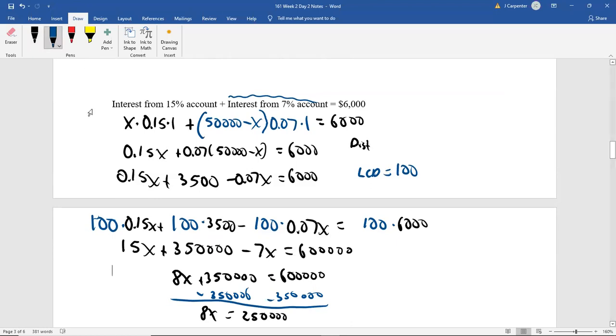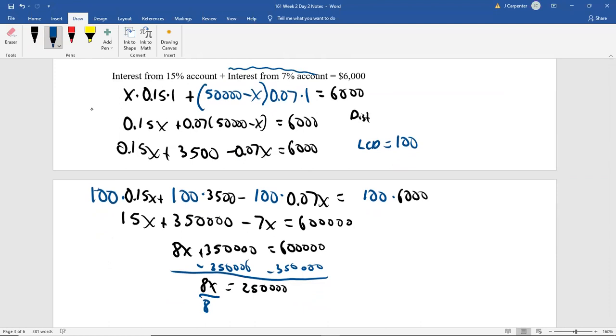Divide both sides by 8. If you need to show the long division, you can. Eight can't go into 2, but it can go into 25 3 times. 3 times 8 is 24. Subtract and you get a 1. Bring down your 0. 8 will go into 10 once. 1 times 8 is 8.